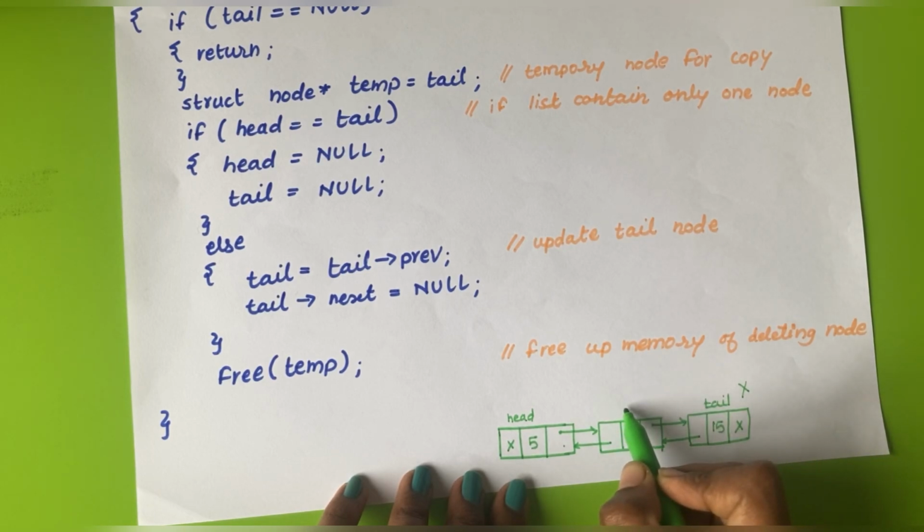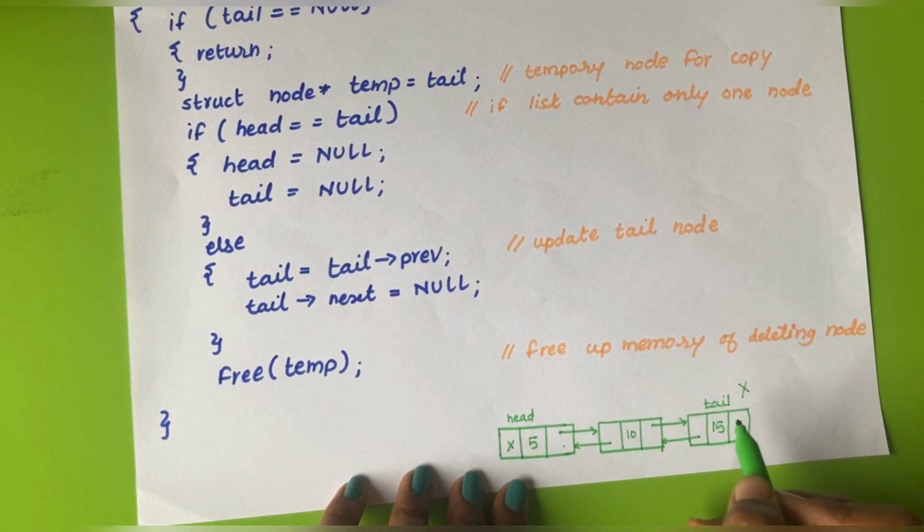So we have to make the second-last node the tail, as well as change the pointer field of this node to null, because we are deleting the next node, so the address will get changed and it will be changed to null only.